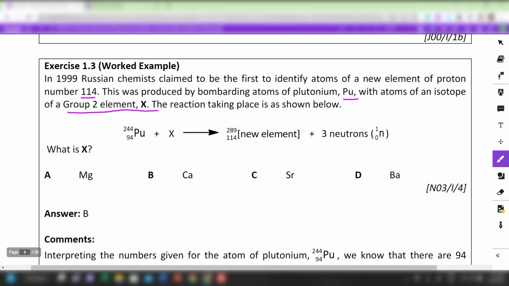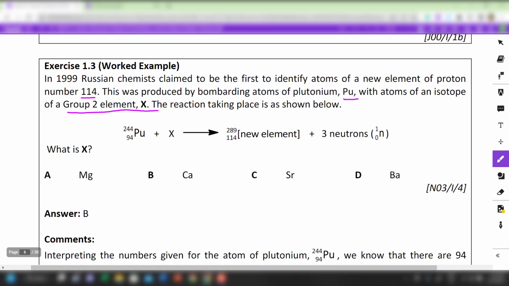Then the reaction takes place as follows. We know that the top numbers, in our case 244 and 289, represent the nucleon number, and the numbers at the bottom, 94 and 114 respectively, represent the proton number. The question requires us to identify the nature of X. So what exactly is X?